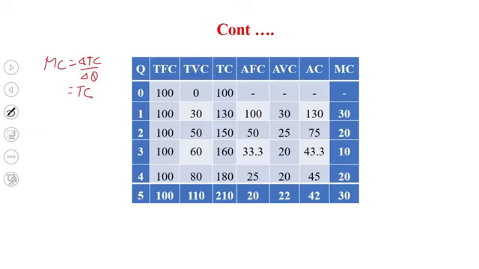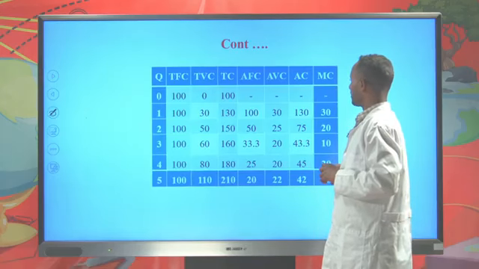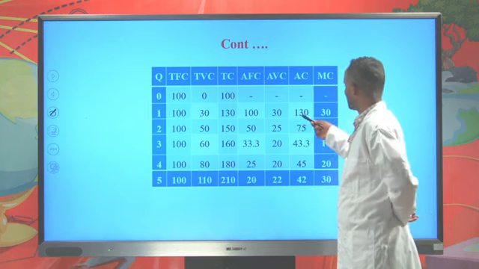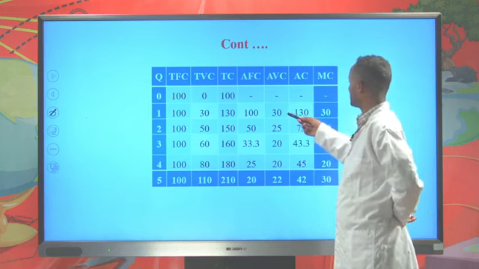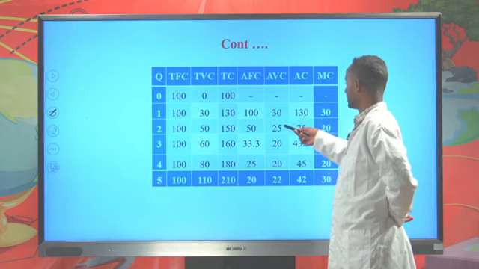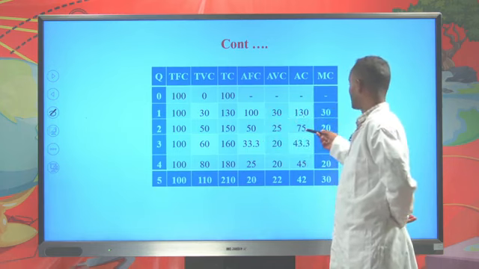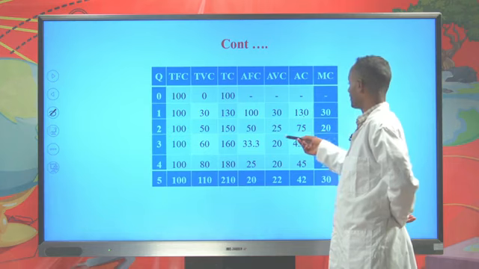In other ways, we can calculate the average cost of production by adding the average fixed cost and the average variable cost of production. The average cost of producing 1 unit of a commodity is 130, which is calculated by adding 100 and 30. The average cost of producing 2 units is 75, which is calculated by adding 50 and 25.